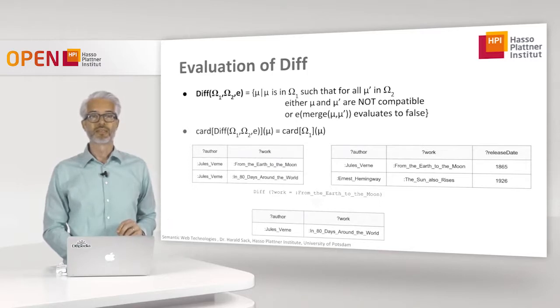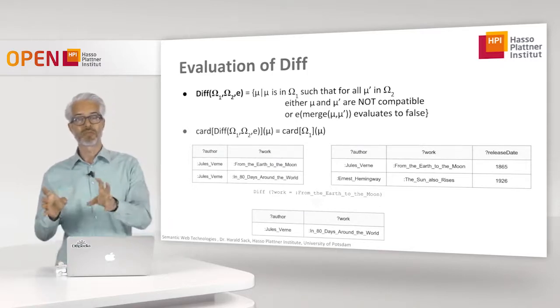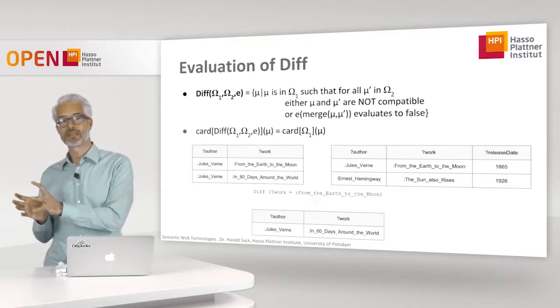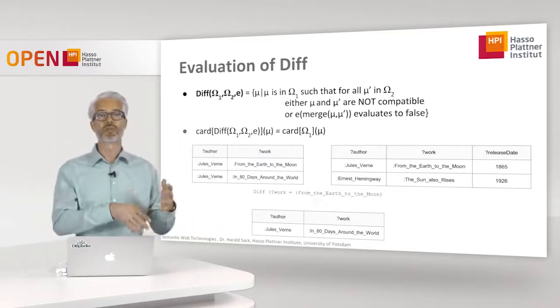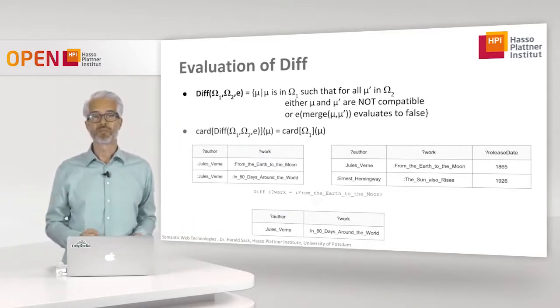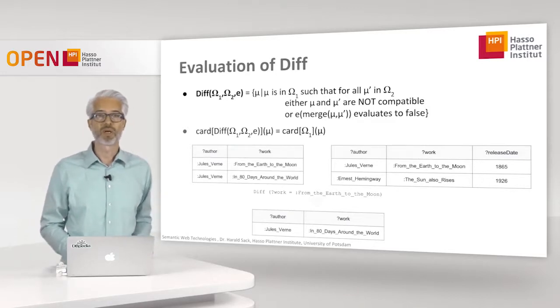Which simply means you want to subtract the second solution from the first solution and combine this with a possible constraint that can be expressed here.